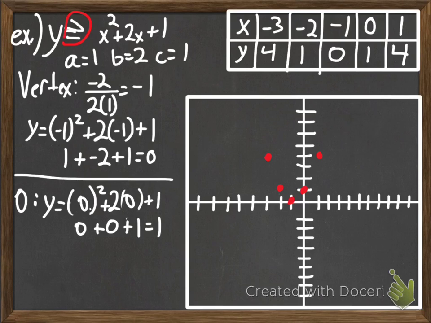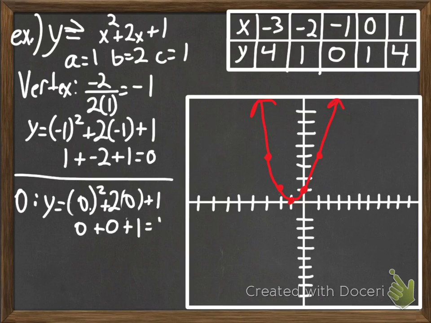I meant to put a greater than or equal to symbol, but I made an equal symbol, so go ahead and change that at the beginning. I'm very sorry about that. So it is a greater than or equal to, which means it's going to be a solid line. So we're going to get our solid parabola going. Make sure it goes all the way up the graph.